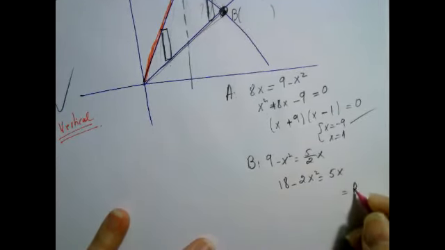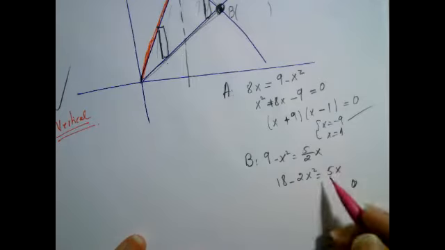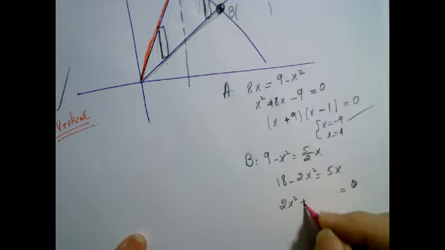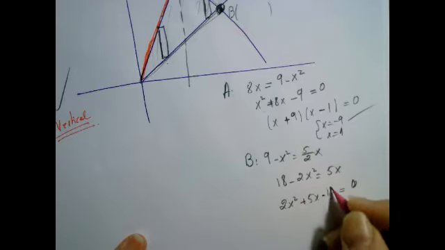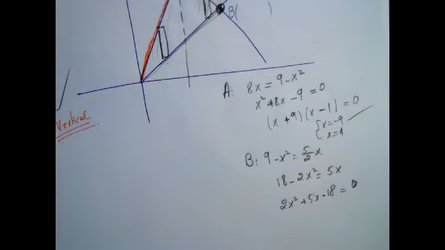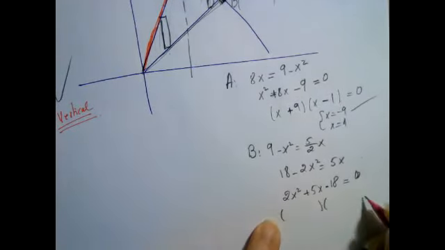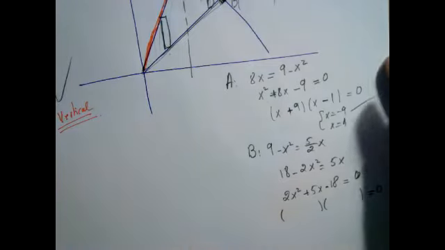I have to rewrite it so one side will be totally 0, so I can factor. So I'm going to get 2x squared plus 5x minus 18. Okay, and then you can either use the quadratic or you can factor. Did anybody try to factor this out?